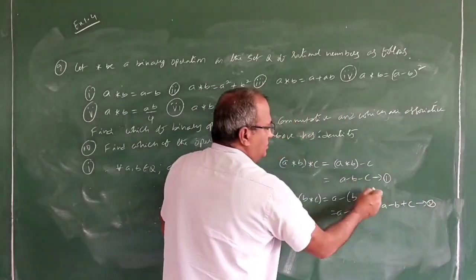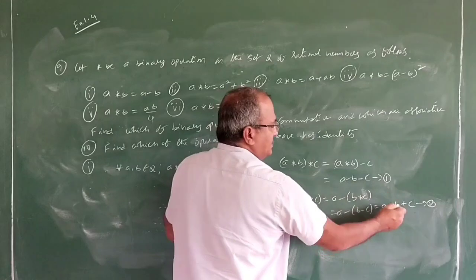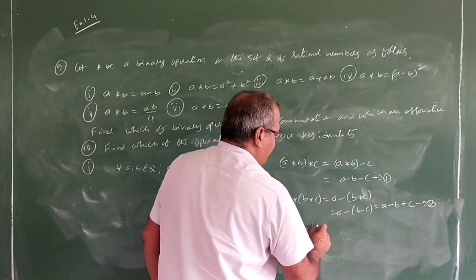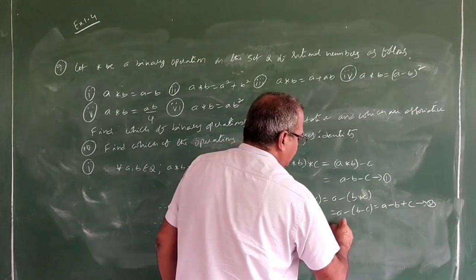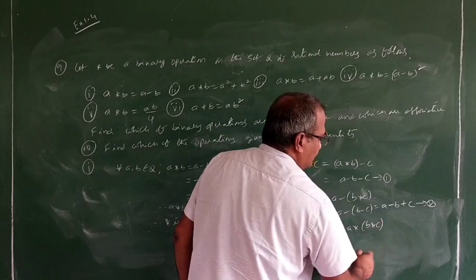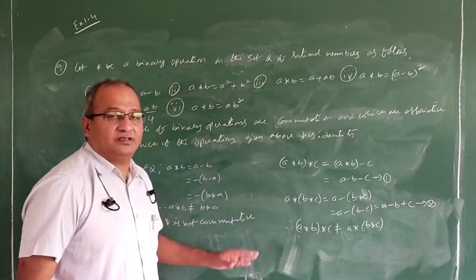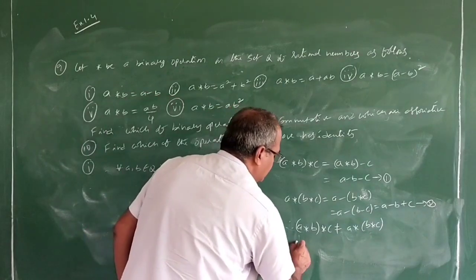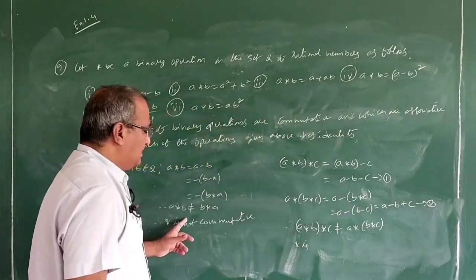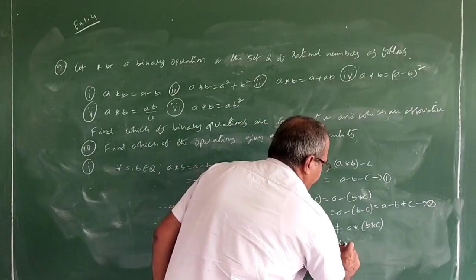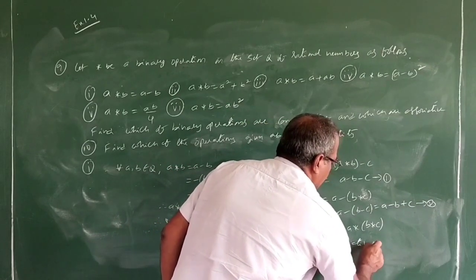So in these 2, A minus B is there in one, and A minus B plus C in the other. Therefore what we can say, A star of B star C is not equal to A star B star C. Therefore, star is not associative. So in the first problem, star is neither commutative nor associative. So we checked 2 properties.